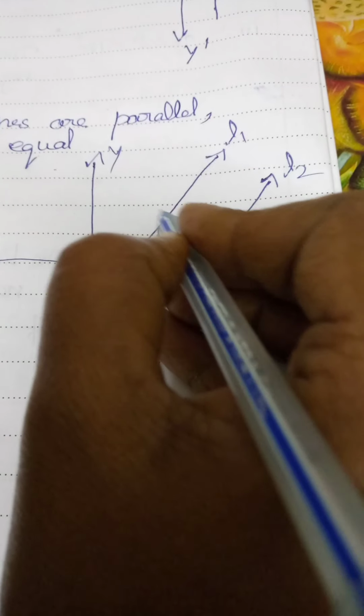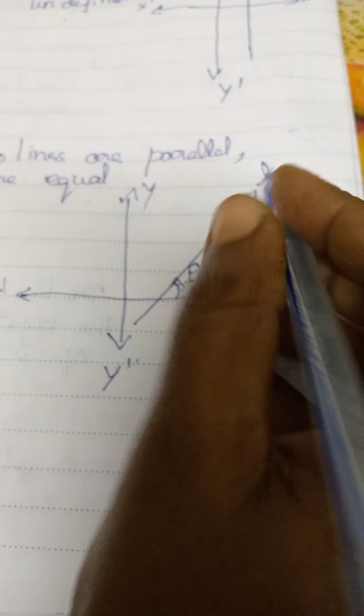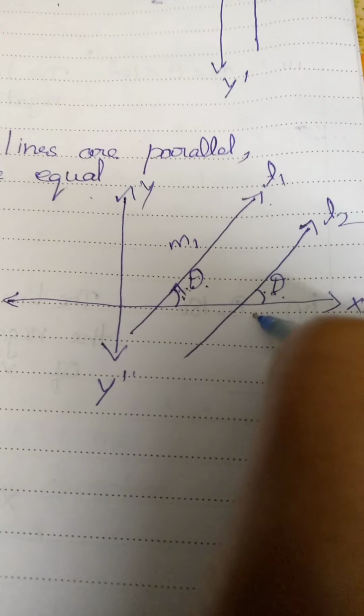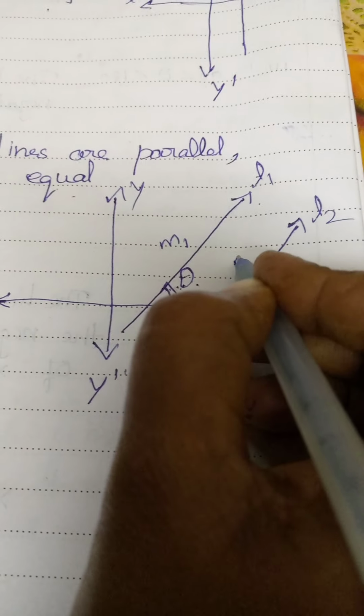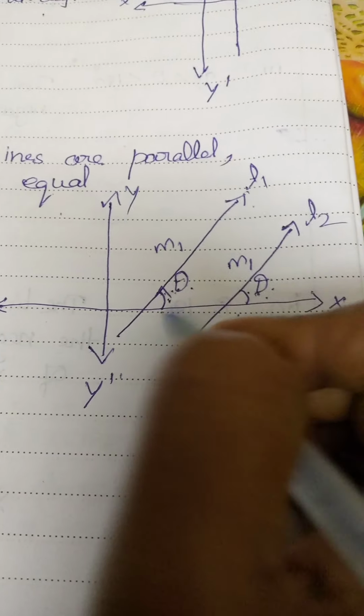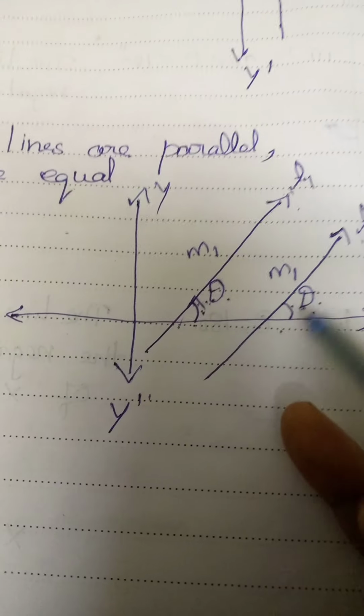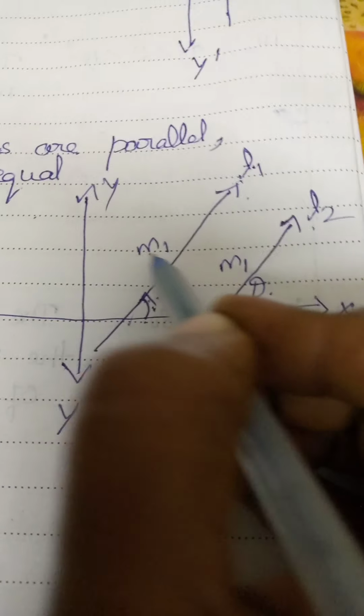So the slope of the line L1 is M1. In the same way, the slope of the line L2 also will be M1. So when two lines L1 and L2 are parallel, their slopes also will be equal. That is M1 is equal to M2.